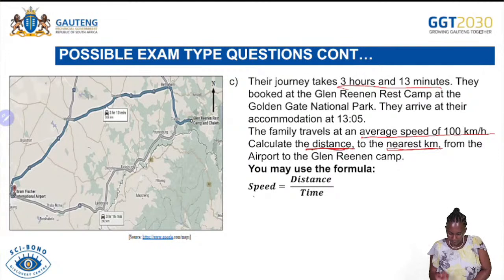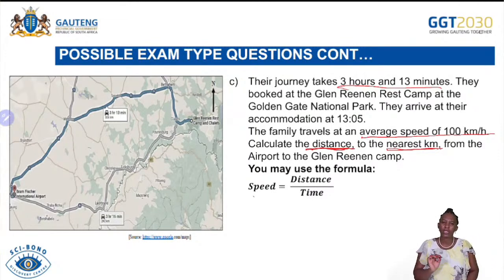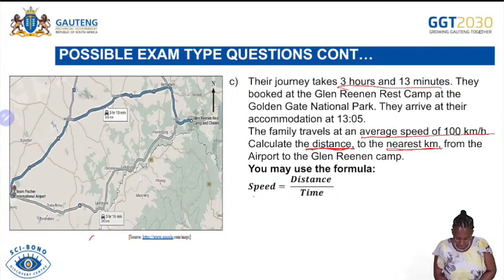The distance. Now, boys and girls, if you don't know how to manipulate this formula to get the formula for the distance, we can use this triangle. We say it is DST.